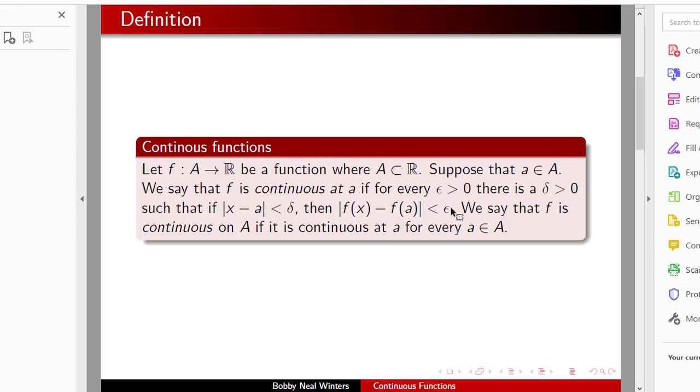So this is to say we can control how far f of x and f of a are apart. We can make them closer by making x and a closer. Now we say that a function f is continuous on the set A if it is continuous at every point in that set A.